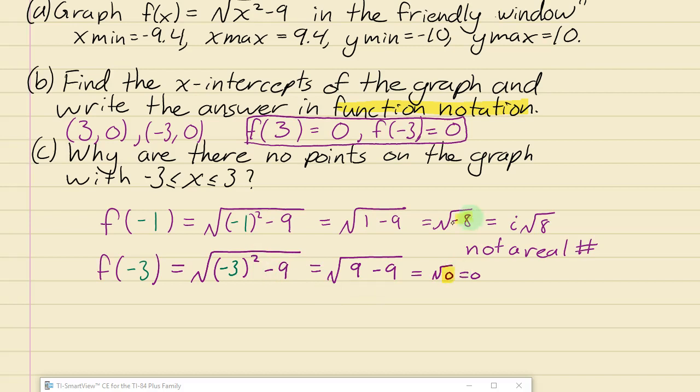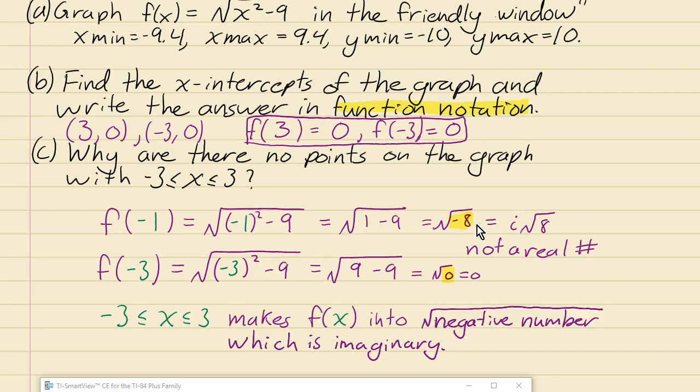The square roots of negative numbers make it undefined. To summarize, any value of x between negative 3 and 3 makes f of x the square root of a negative number, which is imaginary. And that's why you don't get any points on the graph there.